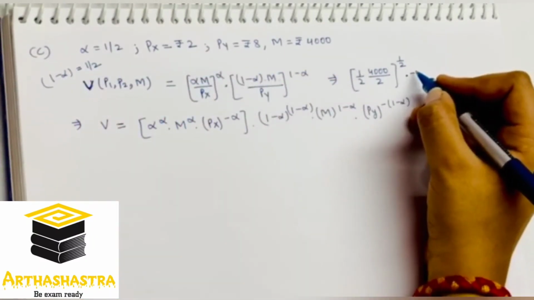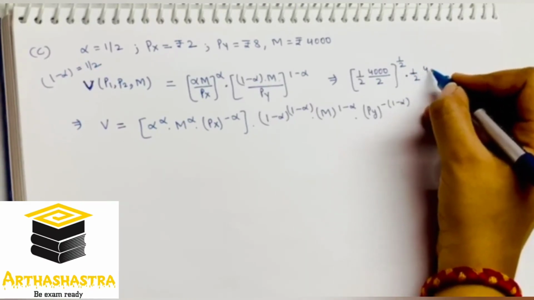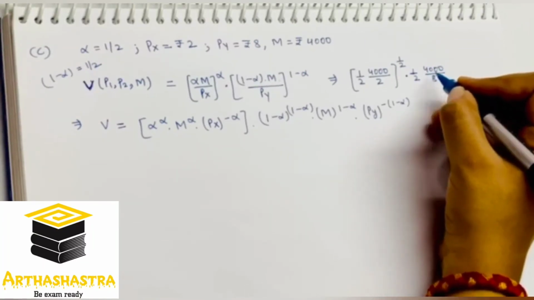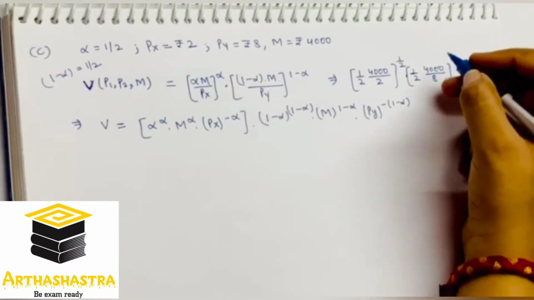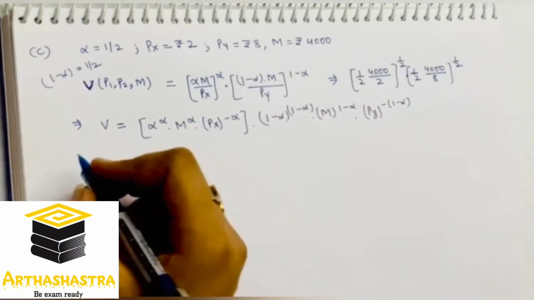So it's half again. M is 4000 and py is 8. So this again is the square root.